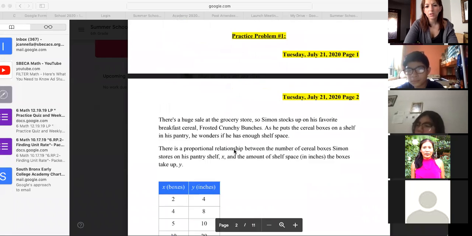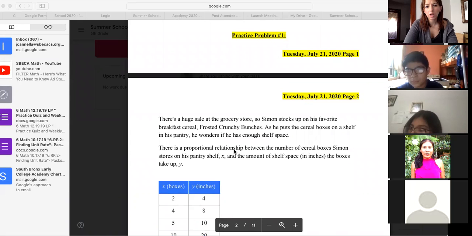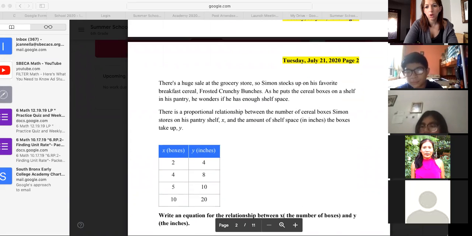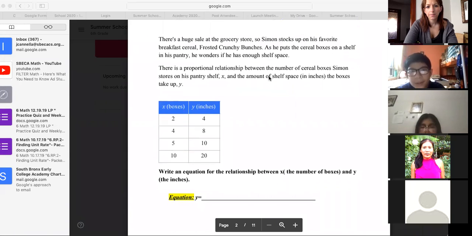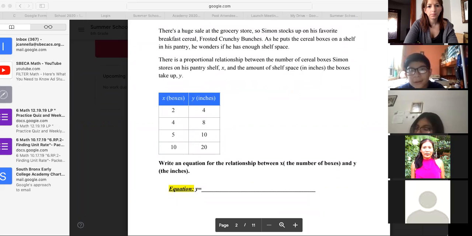All right, practice problem number 1, which is on page 2. Omar, would you be kind enough to read this? There is a huge sale at the grocery store. So Simon stocked up on his favorite breakfast cereal, Frosted Crunchy Bunches.